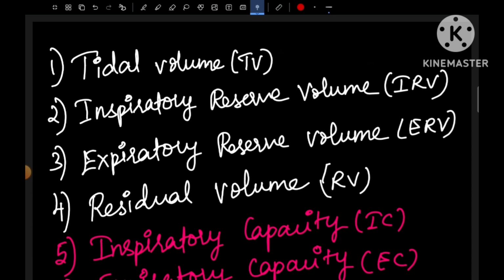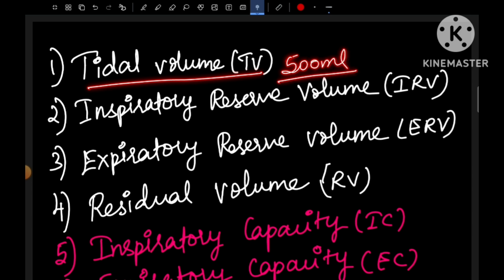So normal respiration which occurs, both inspiration and expiration, this approximately produces 500 ml of air. What is the volume of this? It is 500 ml.